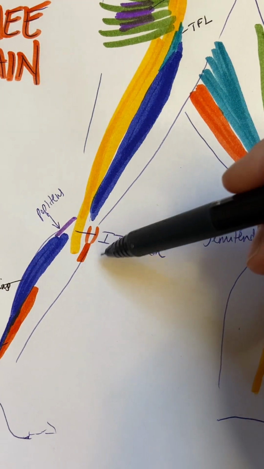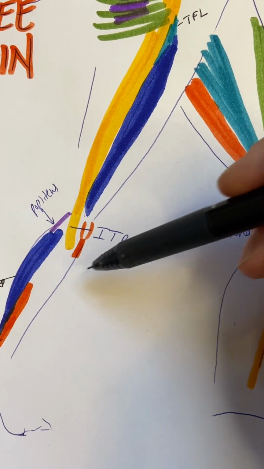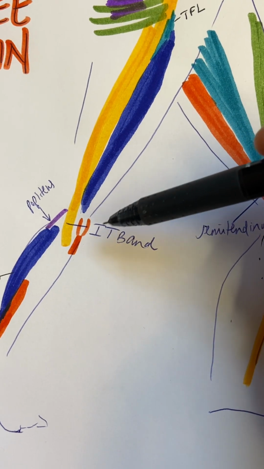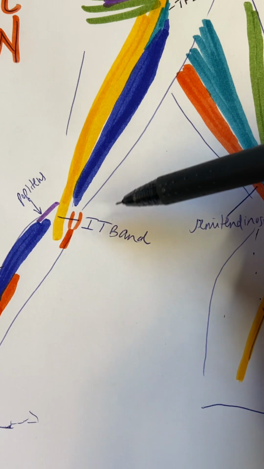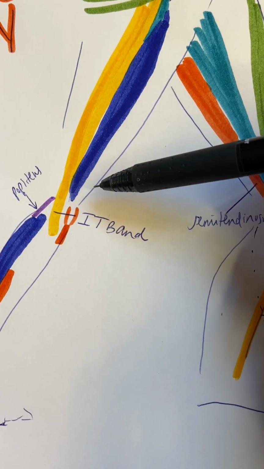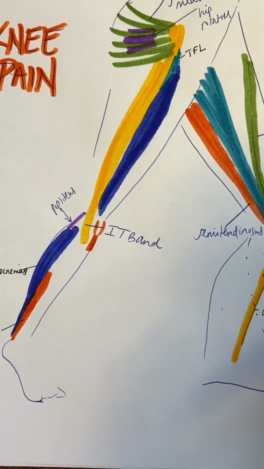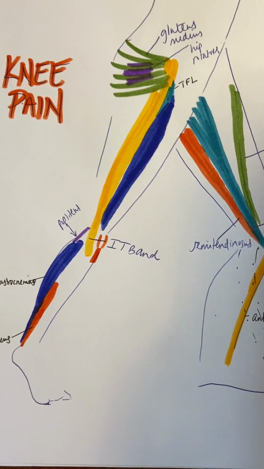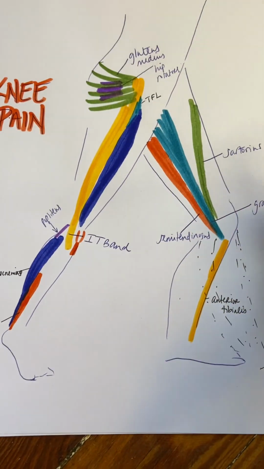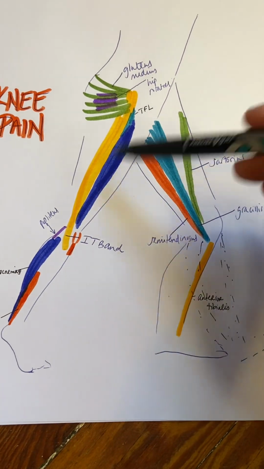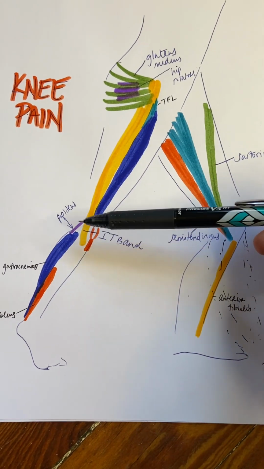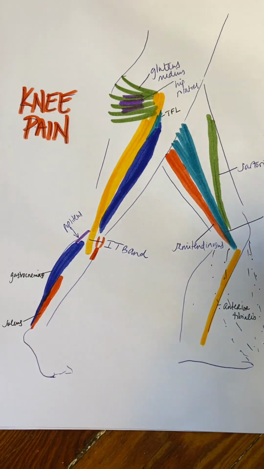And so if someone's starting to develop a tendinitis or a chronic irritation in this area, then what we can do is use movement and exercise and strengthening to help facilitate changes in this tendon to help to decrease pain and improve overall function, okay? So ultimately, knee pain can have a lot of different causes as we've gone through today. What's most important is that we look at how all the muscles are working together in the knee, as well as how the knee is working with the other joints in the body.